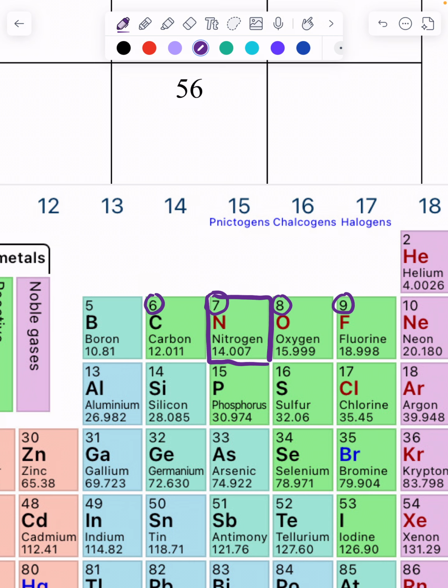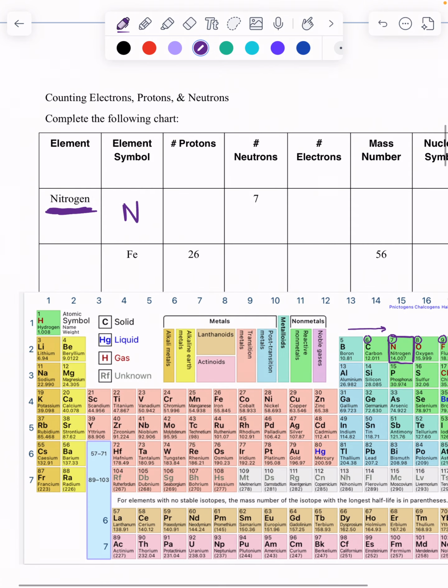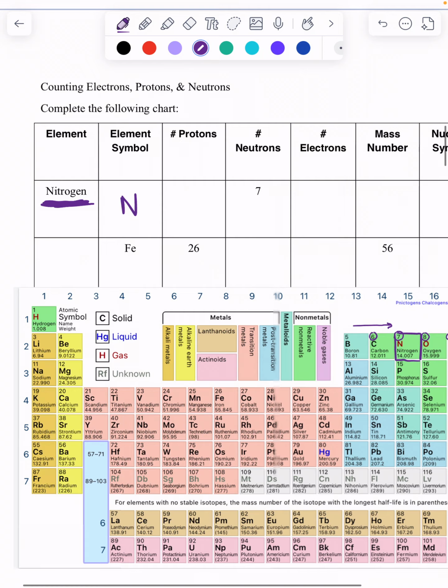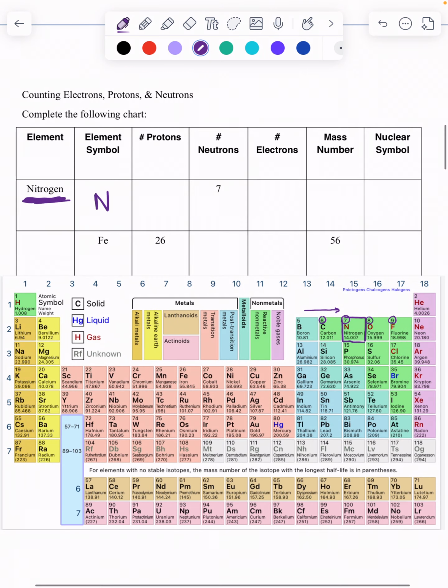So always look for those top little numbers, and they go in order from left to right across the periodic table, then you come down and go across again. So nitrogen has 7 protons.